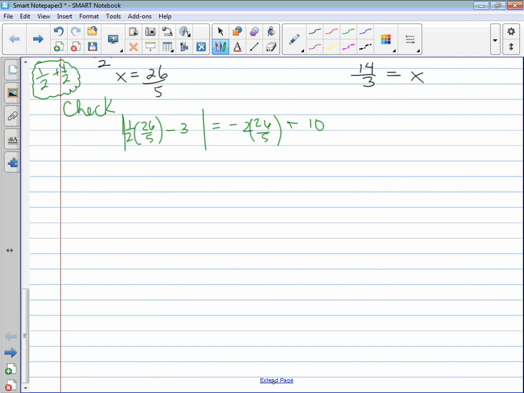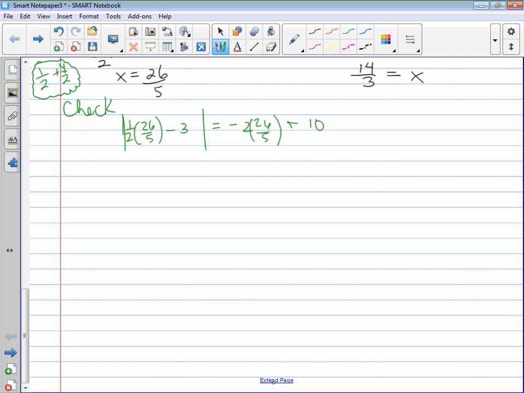You guys buy that 26 over 5 is like 5 and some change? Because 25 over 5 would be 5. So it's a little over 5, right? So when you multiply something that's a little bigger than 5 times 2, you get something that's a little bigger than 10, right? But it's negative. So I got negative 10 and some change plus 10.